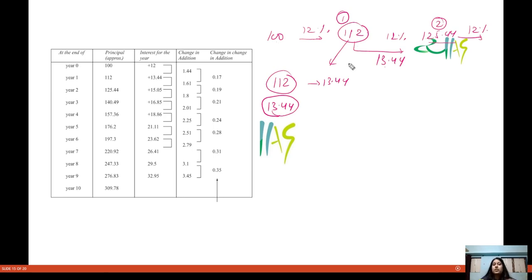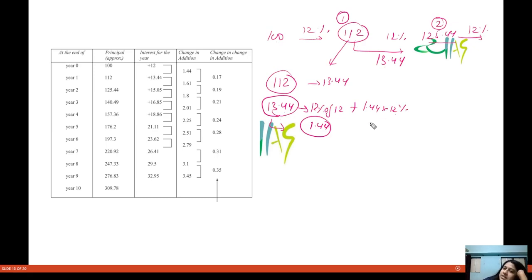Now, when we have to calculate 12% of 13.44, so that also we can calculate. See, we know what is 12% of 12. 12% of 12 was 1.44, and we have to just calculate 12% of 1.44.